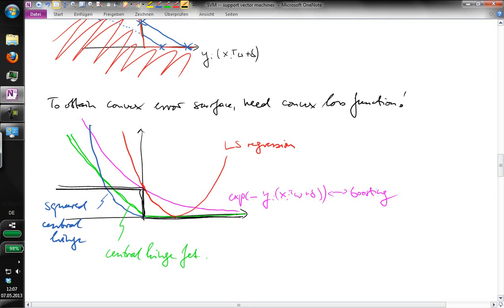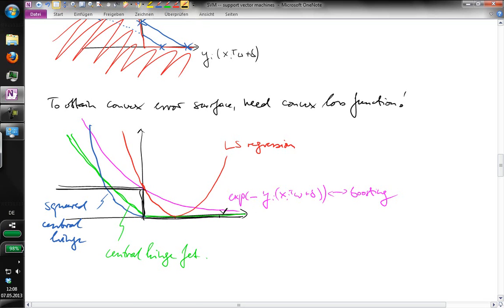For example, what's not so great about least square regression is that you start to incur a penalty if a positive sample is very far on the right side of the decision boundary. So look, if the sample is located far on the right side of the decision boundary, then you will have a penalty that is that high. And that is something that's usually not deemed desirable.